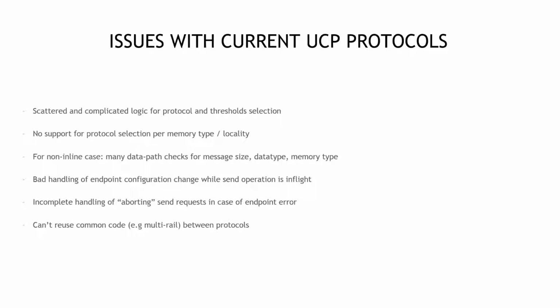And we don't have a common API or callback which can handle or encapsulate the behavior of every protocol. In addition, some of the code that we're doing during the protocol progress part, like multi-rail or switching from one lane to another, is not really reusable. It's very coupled today with active messages. It's not generic.